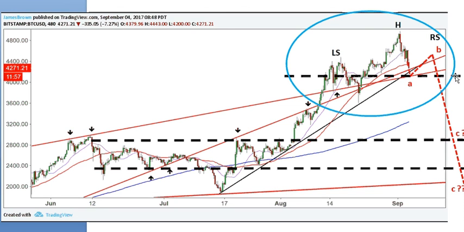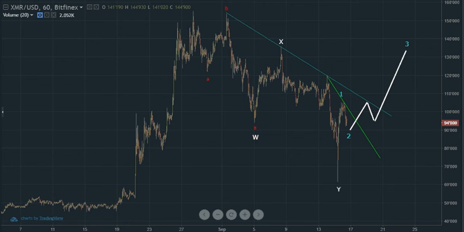I drew these horizontal lines. And for these reasons, it'll bounce off the first to a B and see if it breaks the first. Watch out, it's going to hit the second. And that's pretty much what it did. And if it breaks the second, watch out, it'll go to 2,000 potentially. Let's see if that happens.